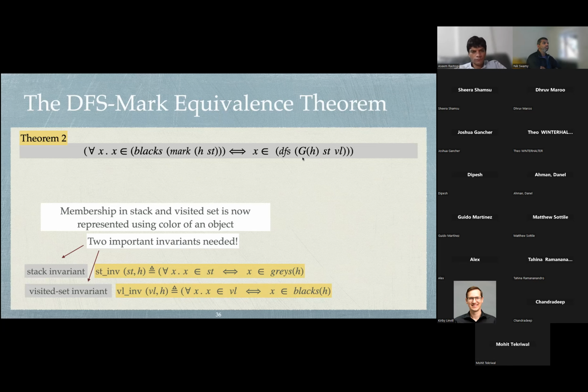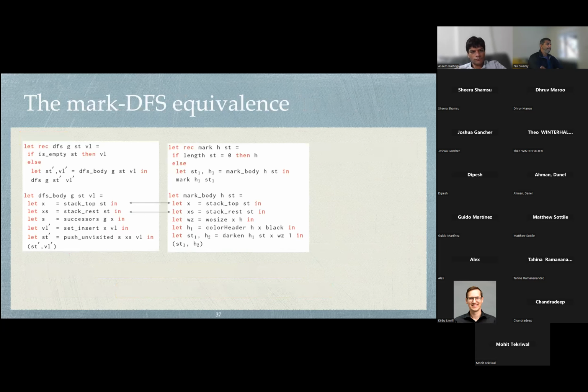So this preservation of invariants is necessary. Now, we can see that the visited set invariant is actually nothing but an extended version; it can be extended to reach the proof of the final theorem. So what are the steps to prove this? Let us compare the DFS and the mark.